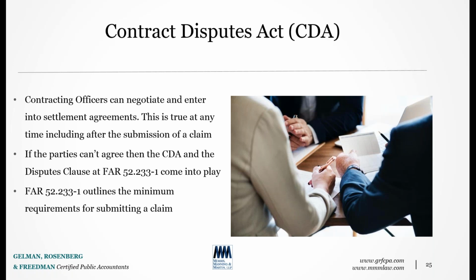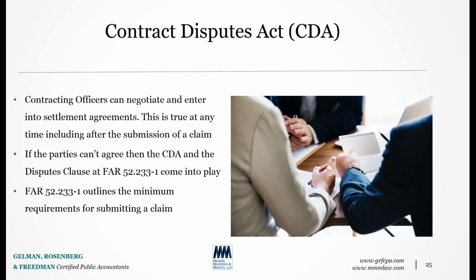So you've got your audit report, and you're not happy with the findings, and it's important for you to understand that your contracting officer on your contract does not have to agree with an auditor's findings.